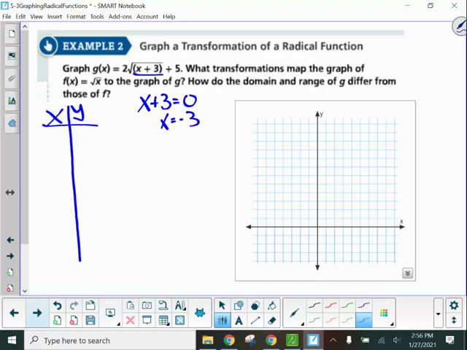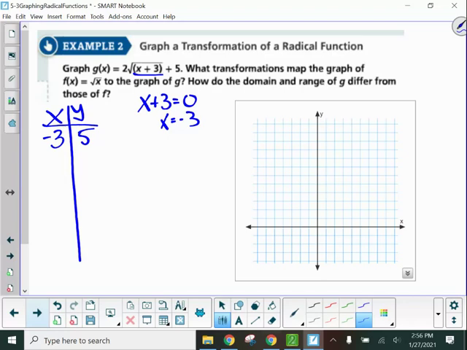And when we do that, we get x is equal to negative 3. So negative 3 is where I'm starting, which makes sense because the h value is negative 3, since this whole graph moves to the left 3 from the parent function. When I plug in the negative 3, I'm going to get back my k value, which is 5.